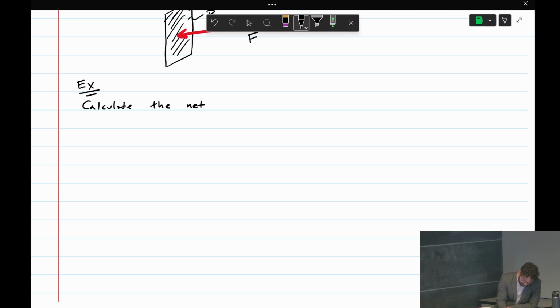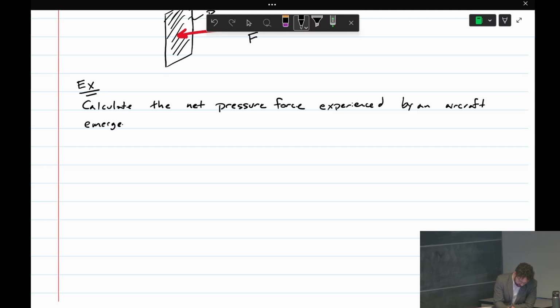the net pressure force experienced by an aircraft emergency exit door at 16,000 feet.